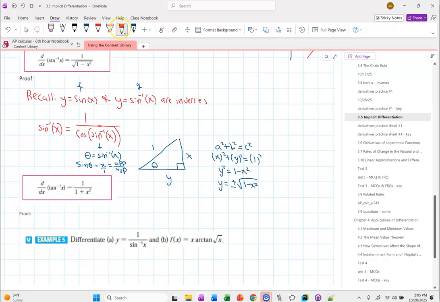But because we are talking about the side length of a right triangle, I can drop the minus from the plus or minus, right? Everybody's okay there? So cosine of theta is adjacent over hypotenuse.